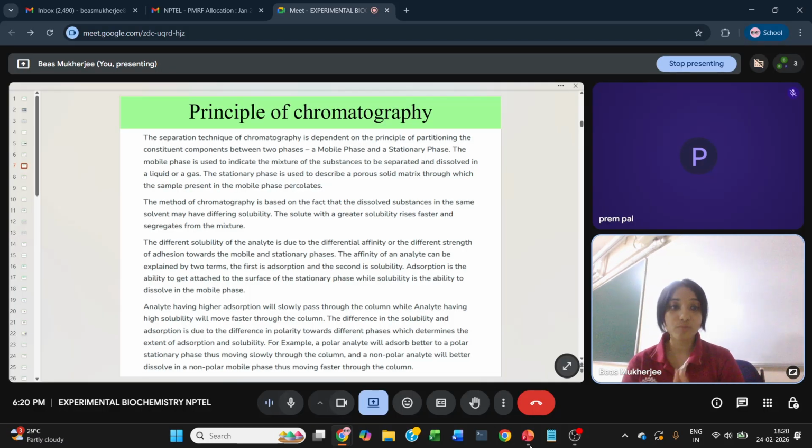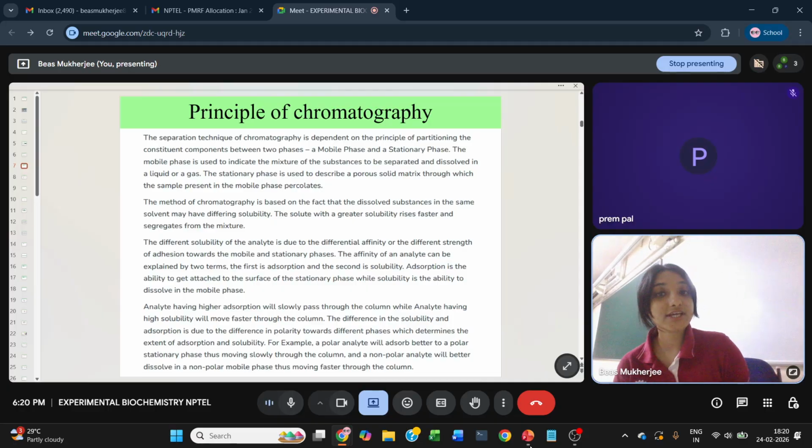So the method of chromatography is based on the fact that dissolved substances in the same solvent may have different solubility, right? So that is the major principle. And the solute with the greatest solubility rises faster and segregates from the mixture. That means it is not binding to the stationary phase, it is flowing away first, right?